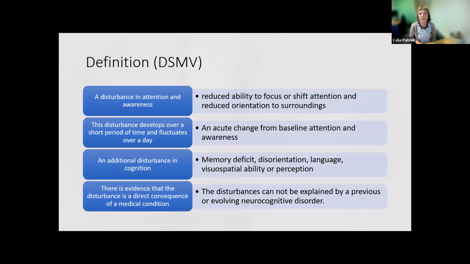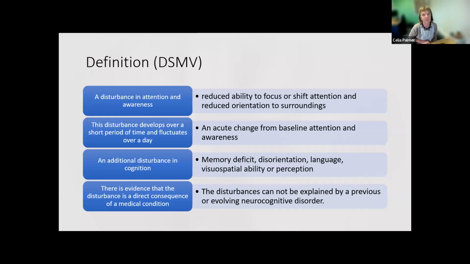So how would we actually define that medically? The latest term was under the DSM-5, and we talk about a disturbance in attention or awareness. So people are really unable to keep their attention on one thing or retain their focus, and have reduced orientation to their surroundings. They might be not quite aware of what's going on, and that might change throughout the day.